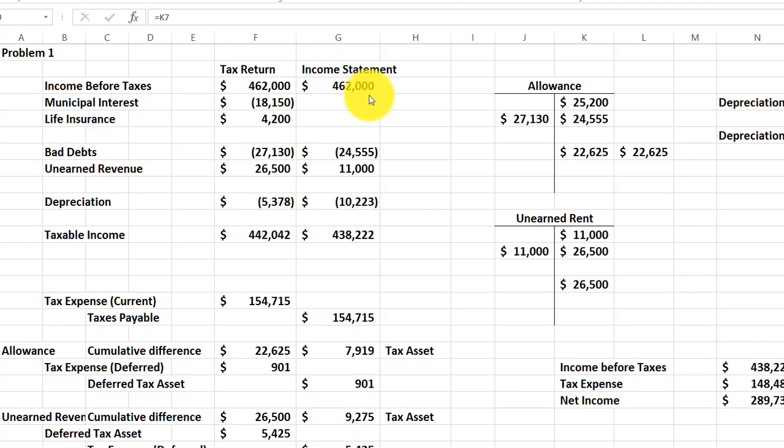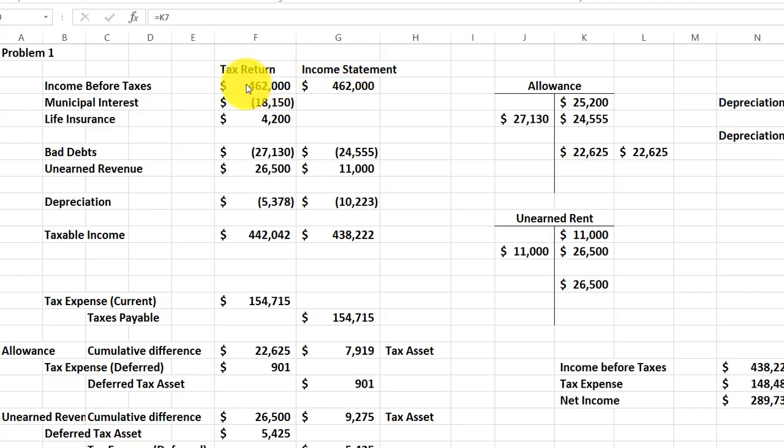is given in a little different format, I want to illustrate the tax return and the income statement side by side. So in this case, instead of starting with an actual number on the income statement, we have two pieces of information.